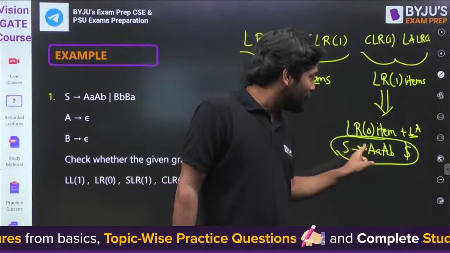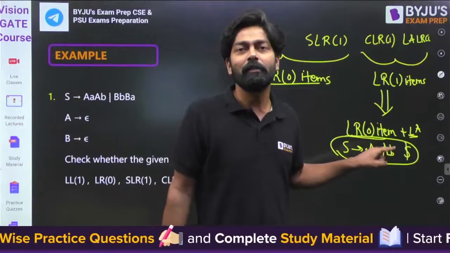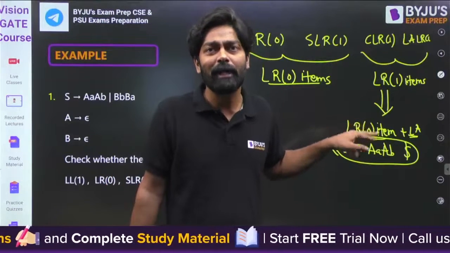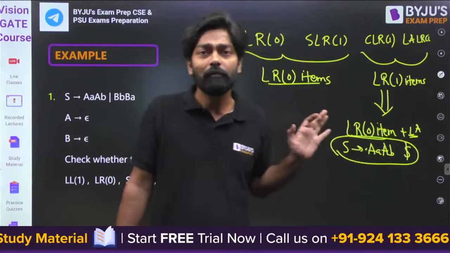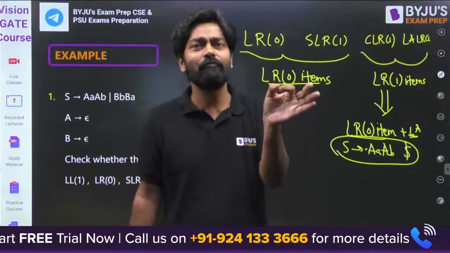See, if the dot is in the right hand side rightmost place, it is nothing but a reduce item. Let's suppose S goes to A, small b, dot. Fine. So reduce item and shift item will create problems.